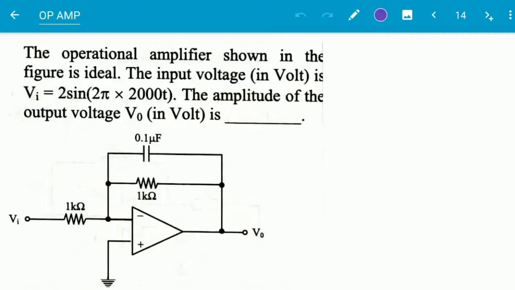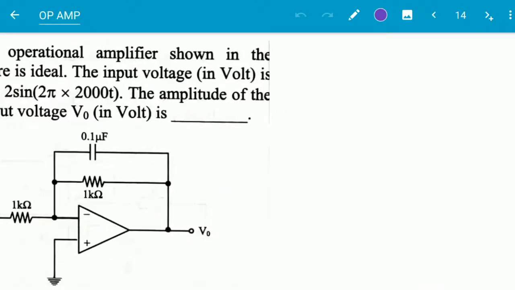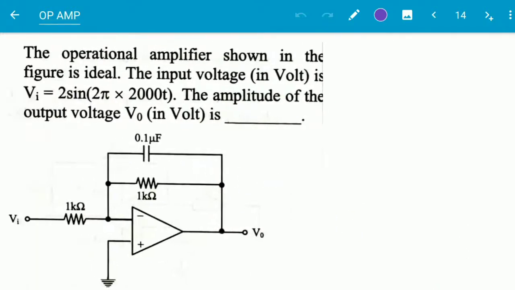The amplitude of the output voltage V0 in volt is asked. So suppose this combination is Z, and what will be the Z? Z is Xc, the capacitive reactance, parallel with the resistance R.